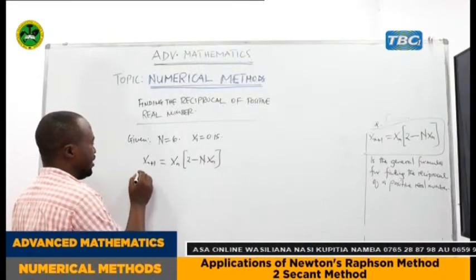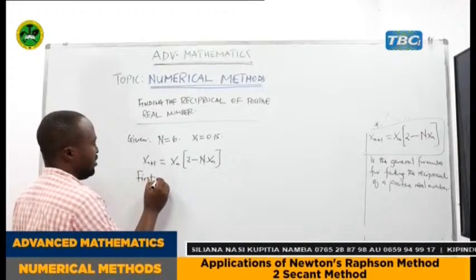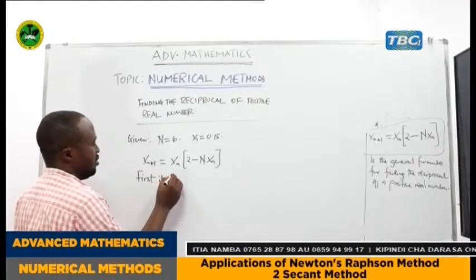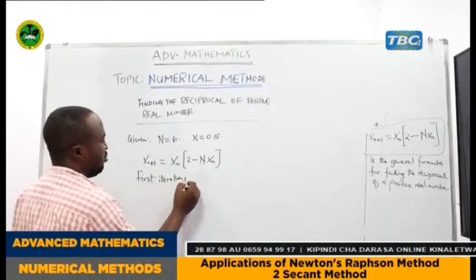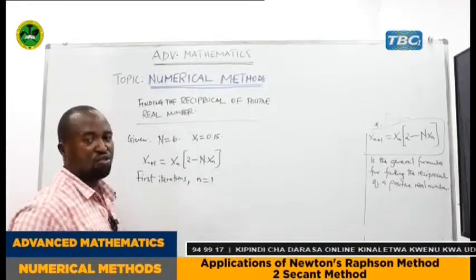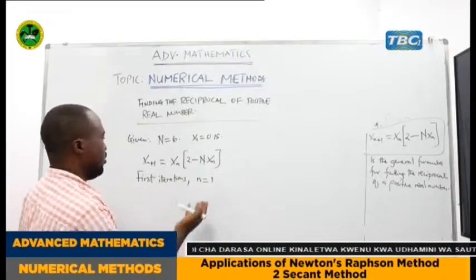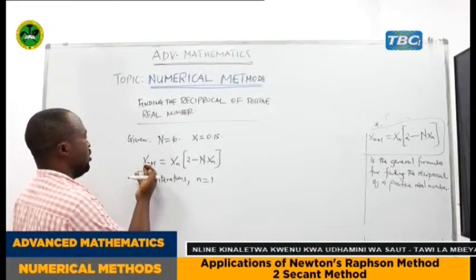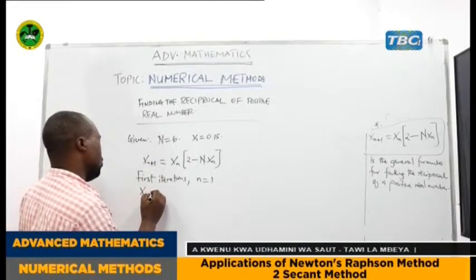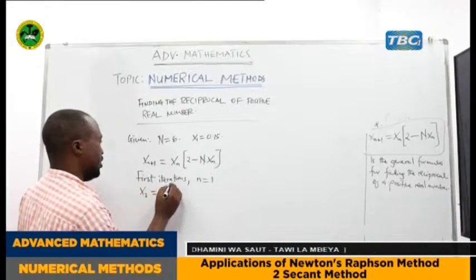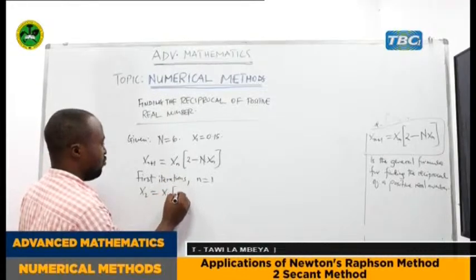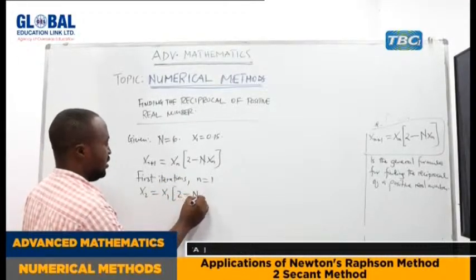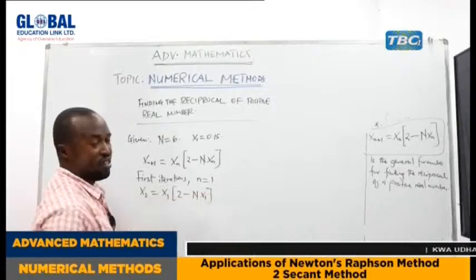But for the first iteration, we say n is equal to 1. So if n is equal to 1, we are going to have 1 plus 1, that is x2 is equal to x1 bracket of 2 minus n x1.